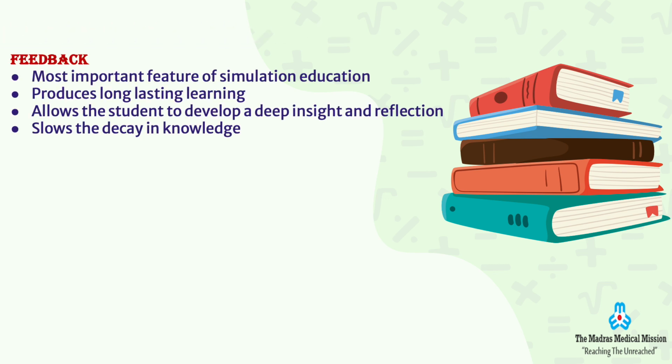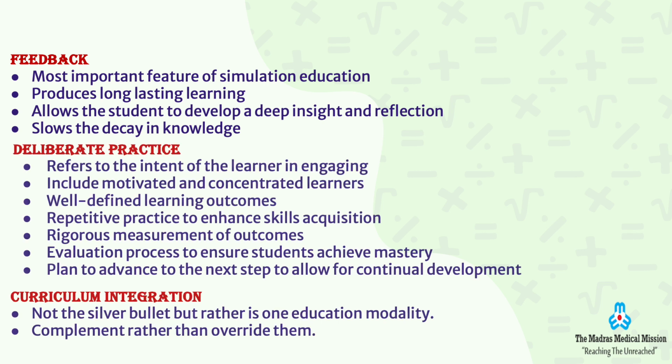The first one being feedback. This is the most important feature of simulation education. This produces long-lasting learning. It allows the student to develop a deep insight and reflection and slows the decay in knowledge. The next one is deliberate practice. It refers to the intent of the learner in engaging, and also includes motivated and concentrated learners.